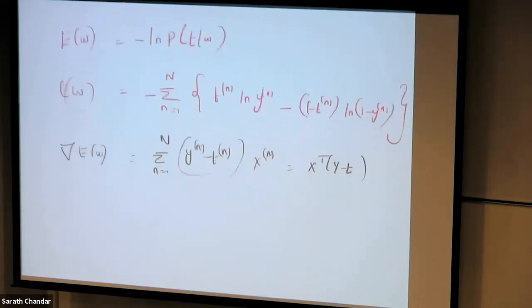Now I can compute my Hessian, which is del del E of W. If you look at the first part, the summation over n equal to 1 to capital N.